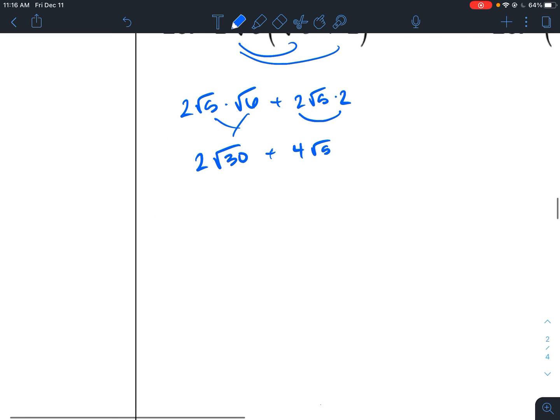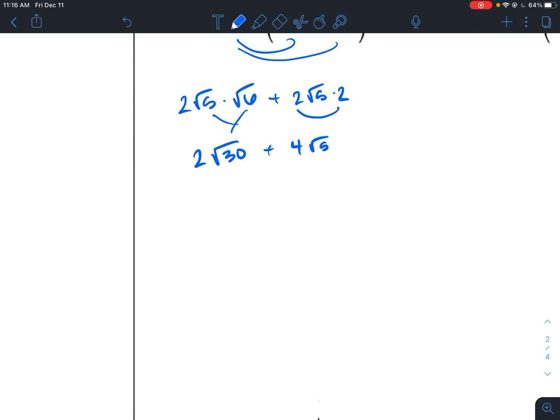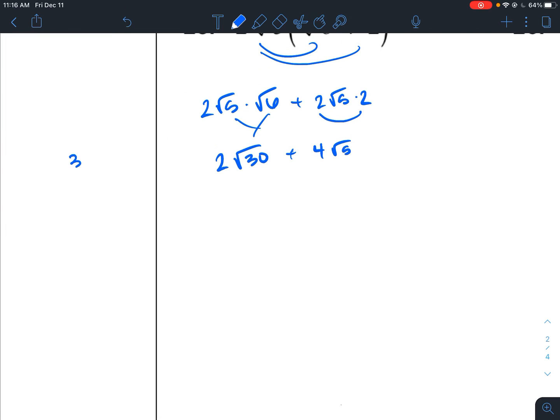Now, can I simplify the square root of 30? So let's take its factors. You can have 2 and 15, and 15 can be split up into 5 times 3. So it doesn't look like it has any factors that you can take the square root of. So that's just going to be 2 square root of 30, and then we have plus 4 square root of 5.